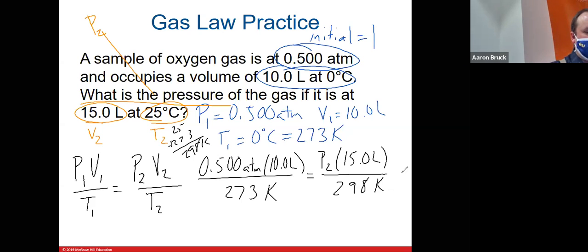So I need to isolate P2. Need to get this one by itself. It's already in the numerator, so that's good. What I need to do is multiply everything in its denominator on both sides and divide everything else in its numerator on both sides.